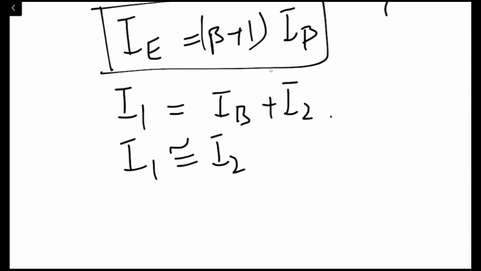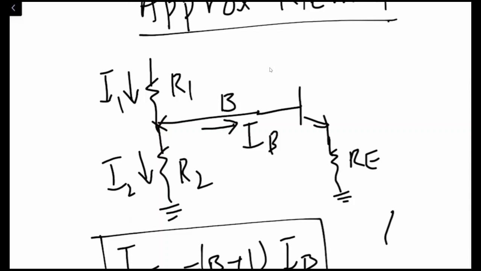This means almost no current is flowing in the base of the transistor. Whatever current I1 flows in R1, almost the same value I2 flows in R2. So the current flowing in the base is negligible compared to I1 and I2.